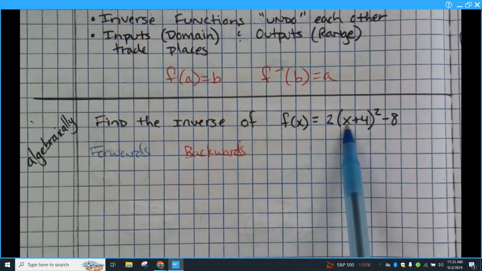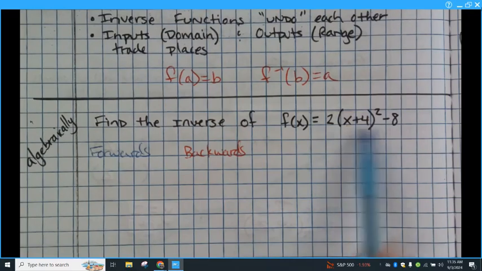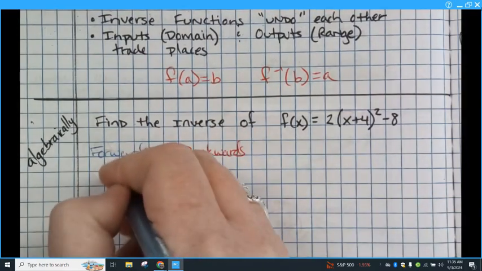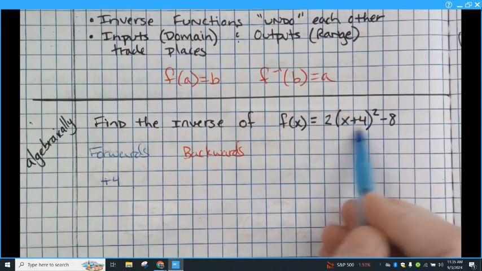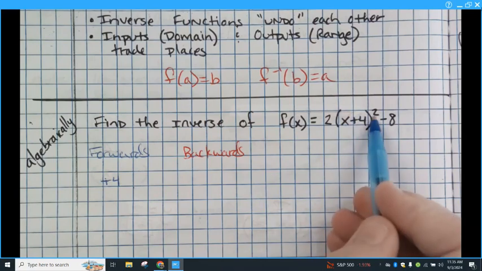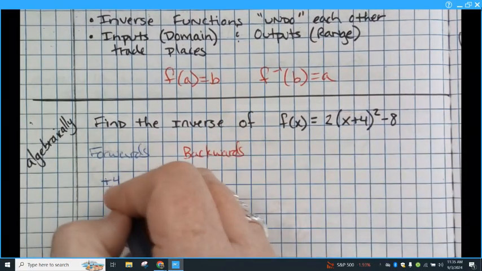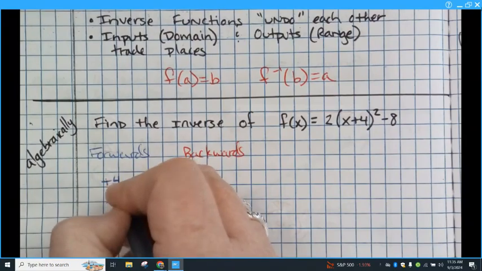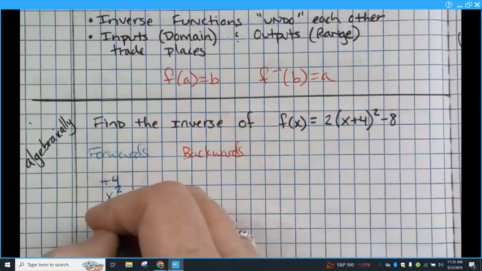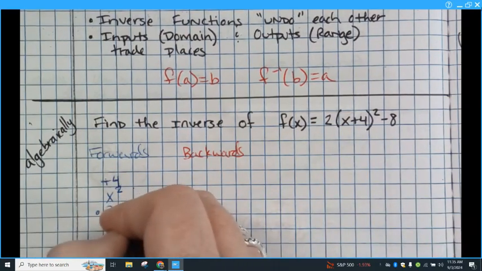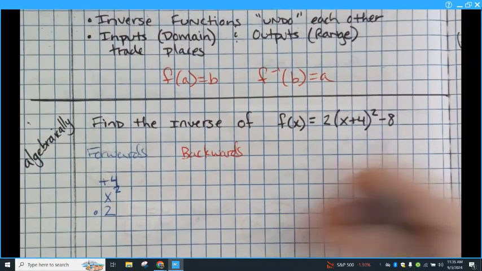So if I was to plug in a number x, the first thing we would do would be add 4. And then after we've added 4, we would have to do exponent, so parentheses, and then exponent, so square it. So we'd have to do that number squared. And then from there, we'd have to multiply by 2, so times 2. And then we would have to subtract 8.